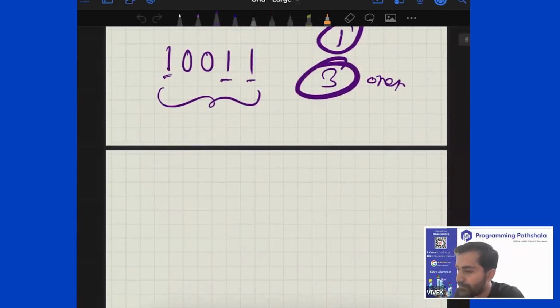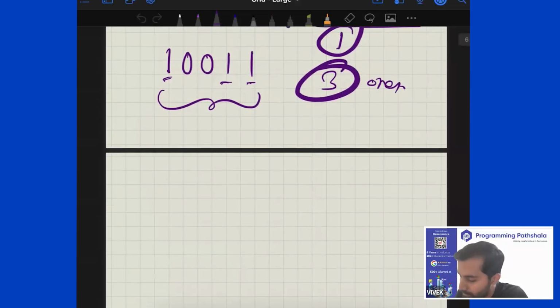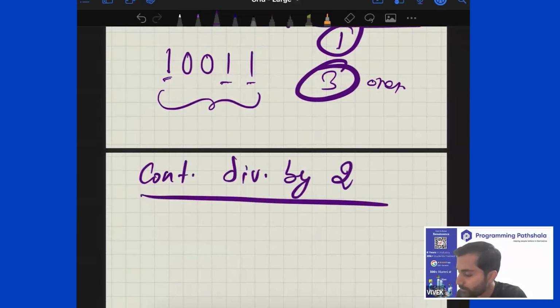I'm pretty sure that way would have been continuous division by 2, isn't it? Because if you have a number, let's say 19, you must have learned in your first year or somewhere else how to convert that number into its binary representation. How do you do that? You do that by repeated division by 2, correct?